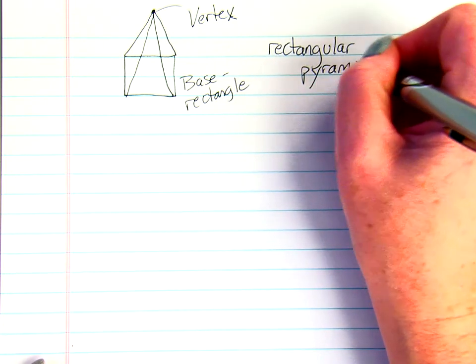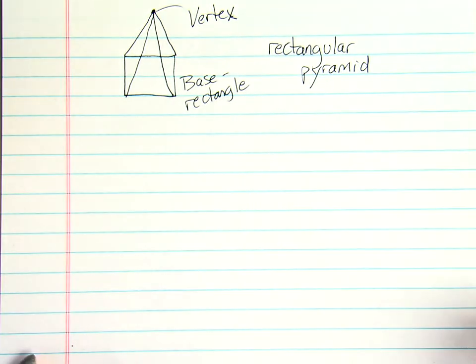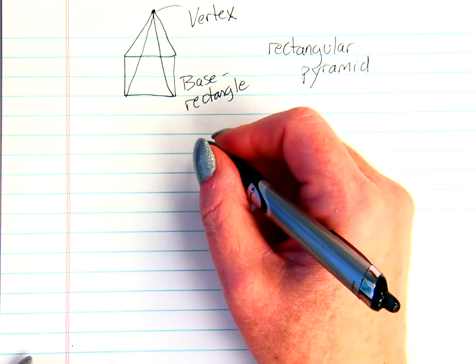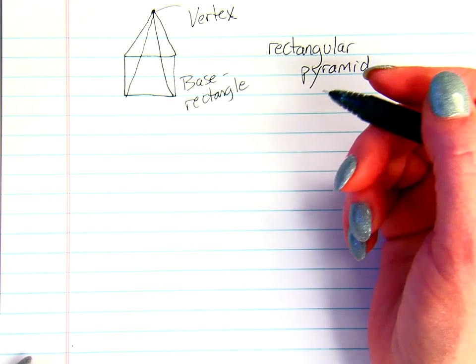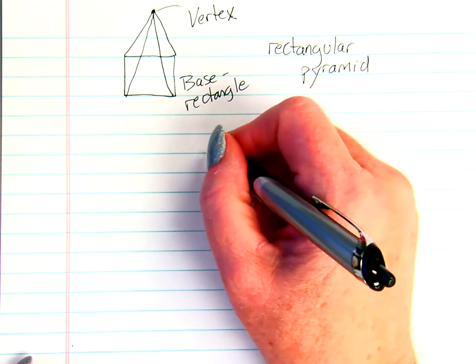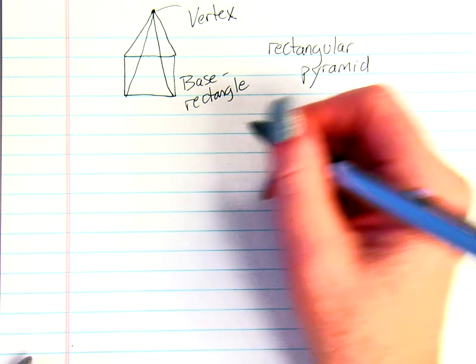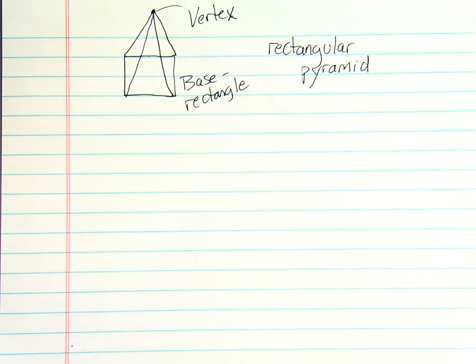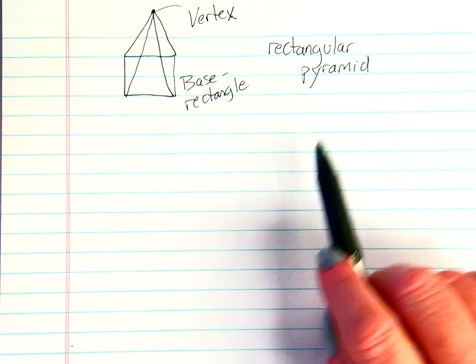My base can be anything. If I could actually draw it properly, it can be any sort of a polygon. And like I said, it's easier to actually put it up on the board when we're together.